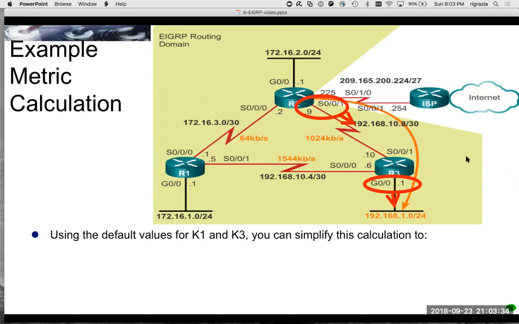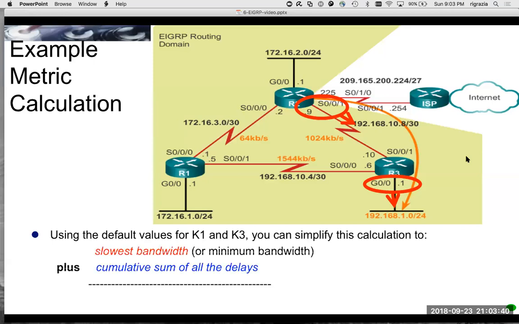It uses information from those interfaces to determine the routing metric. So it uses slowest bandwidth, or minimum bandwidth, and cumulative sum of delay to come up with the EIGRP route metric. Now we would do the same thing from R2 to R1 to R3 and then determine what the best path is. Again, we'll see that more later, when we look at DUAL.